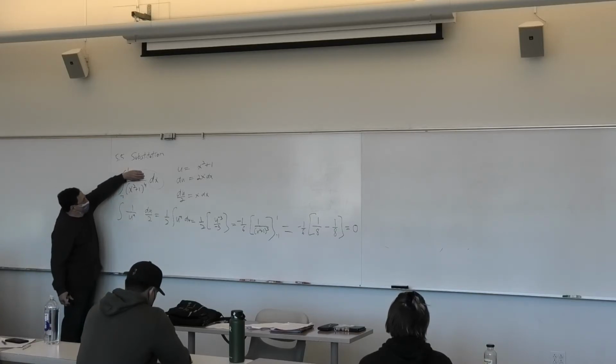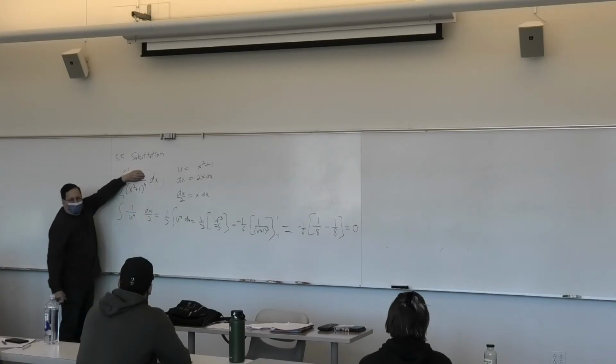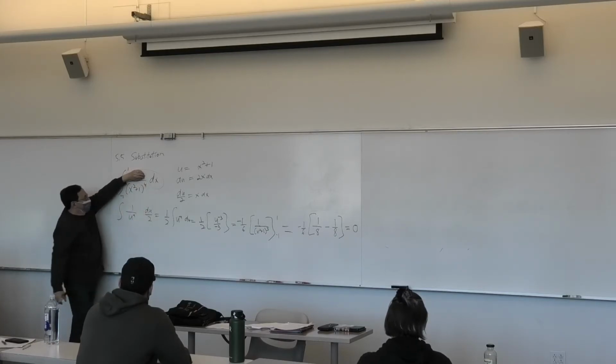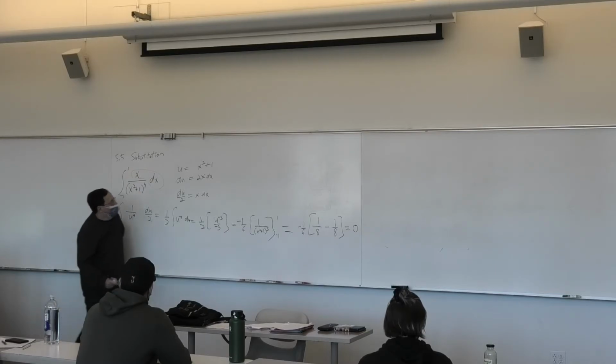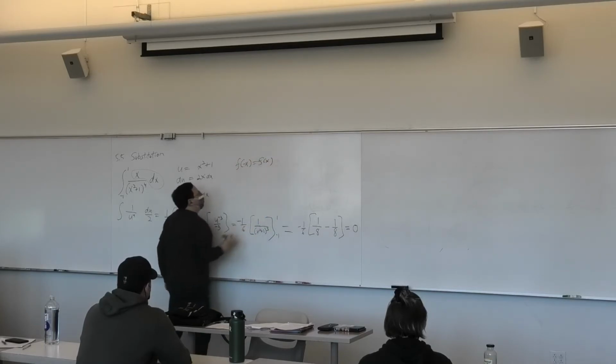So the denominator, we've got lots of 2's here, right? That ought to suggest something. When you're squaring things, or just squaring it into the fourth, you've got an even function here. I hope you all remember an even function. It's a function where f of negative x equals f of x.